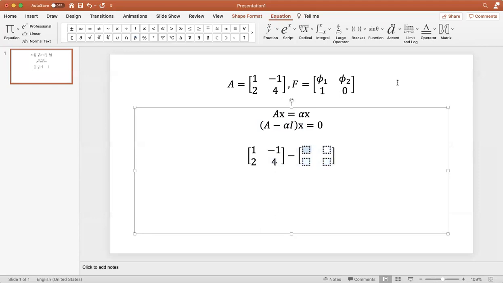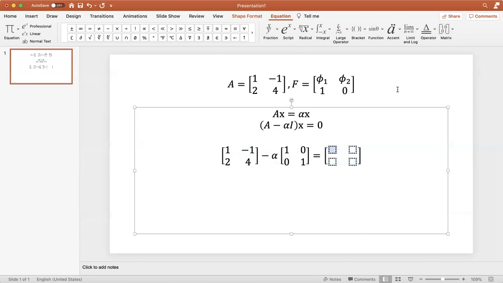on a step-by-step basis. So the first matrix here would be matrix A, and this would be alpha times the identity. The identity matrix contains 1s and zeros. Simplifying this, we'll get another 2 by 2 matrix.